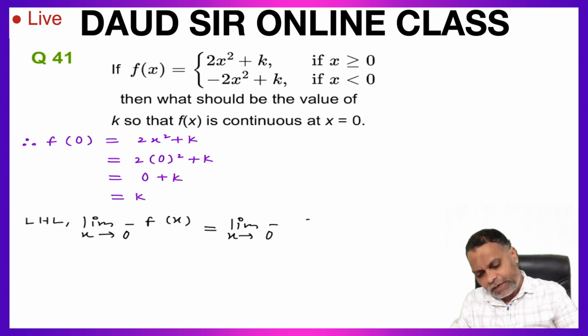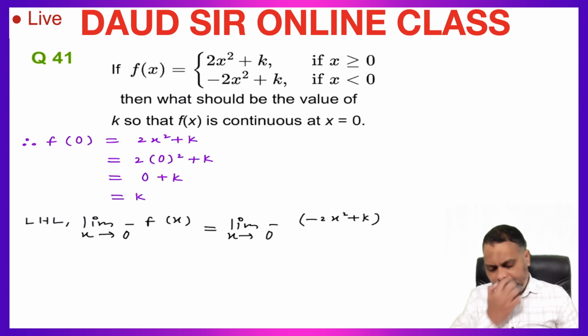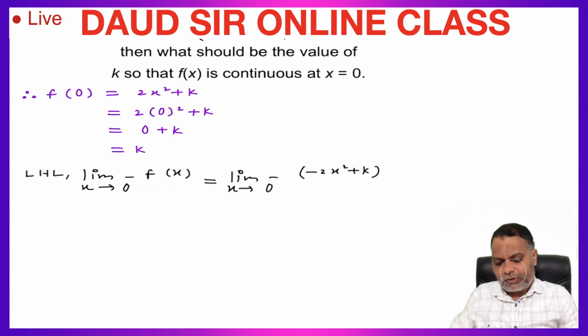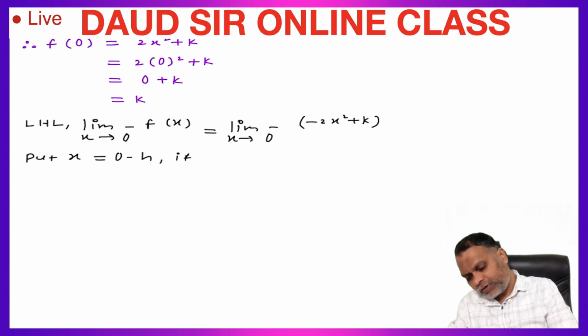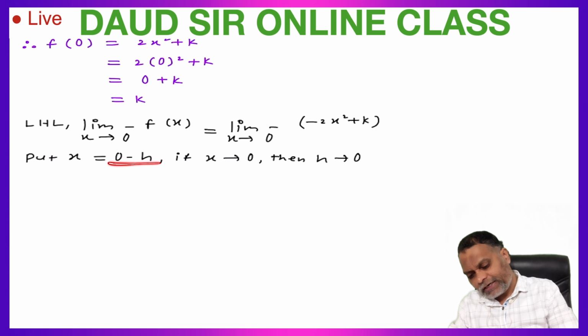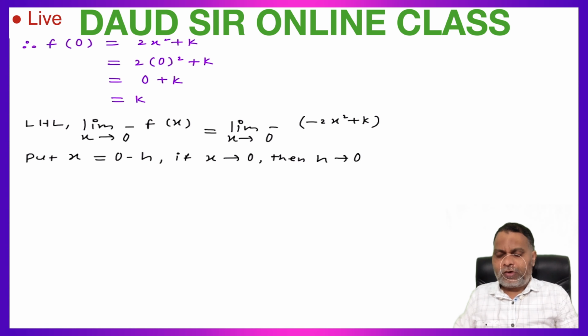Substitute x is equal to 0 minus h for left hand limit. Change tends to, if x tends to 0 then h tends to 0. How? Put this 0 minus h here, 0 minus h tends to 0, that is h tends to 0.